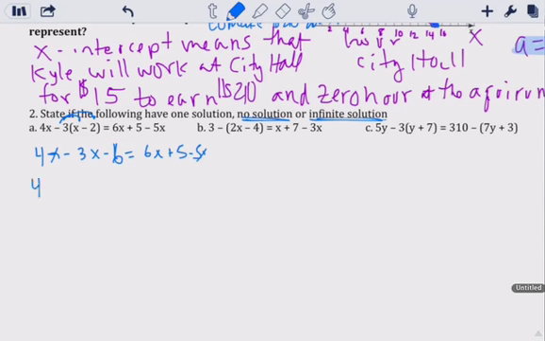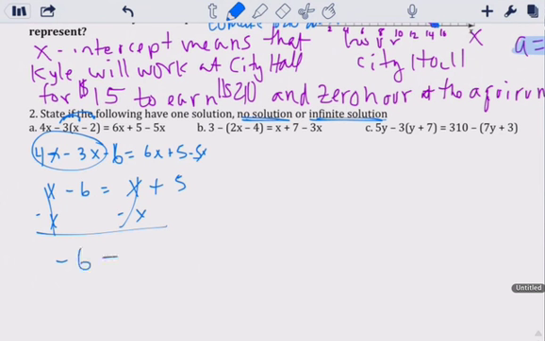Combine these like terms, that gives you x minus 6 equals x plus 5. You minus x, you get negative 6 does not equal 5. No solution. There's no right answer for this.